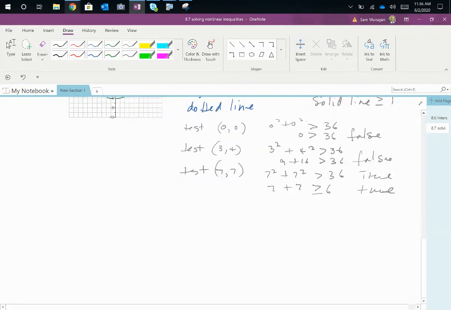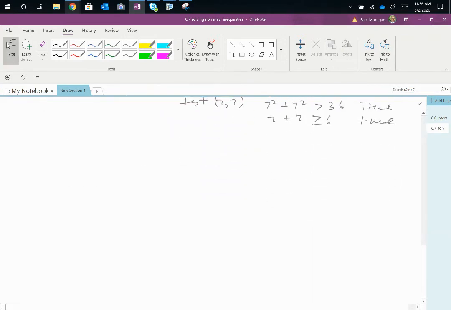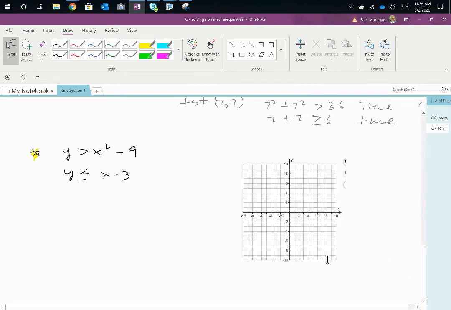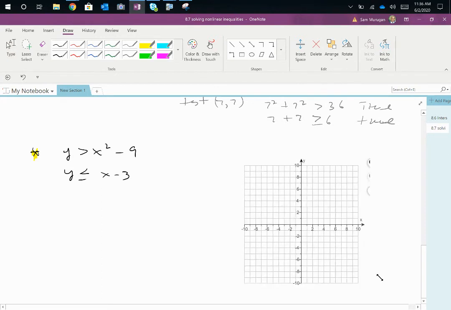Now I want to also show you how to graph systems that are not circles. For example, let's take y is greater than x squared minus 9 and y is less than or equal to x minus 3. So one is a parabola and one is a straight line.